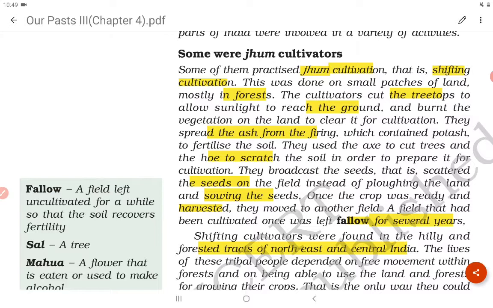Once the crop was ready and harvested, they moved to another field. A field that had been cultivated once was left fallow for several years. Fallow means a field left uncultivated for a while so that the soil recovers fertility.